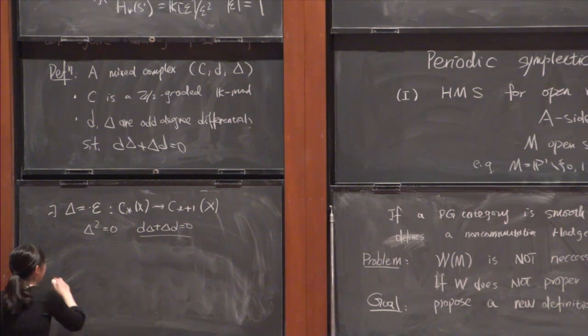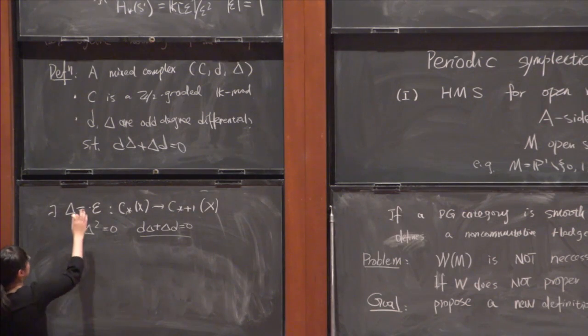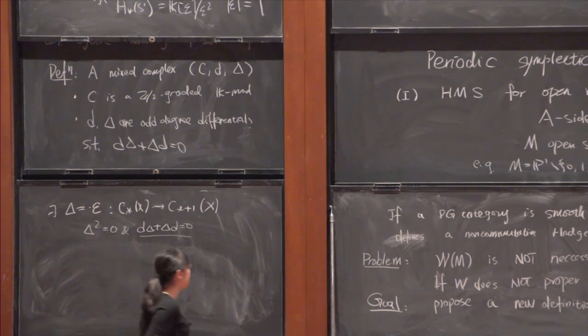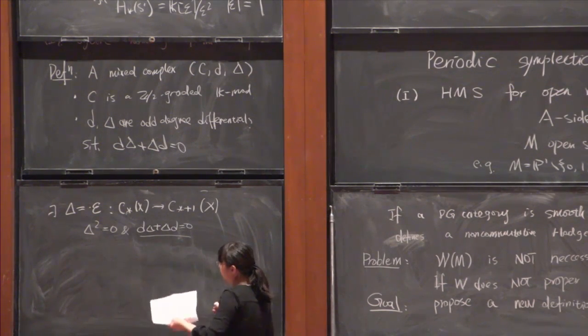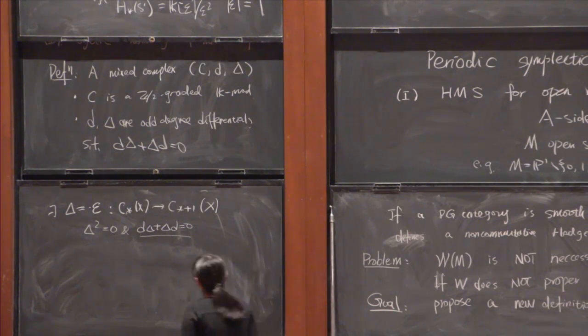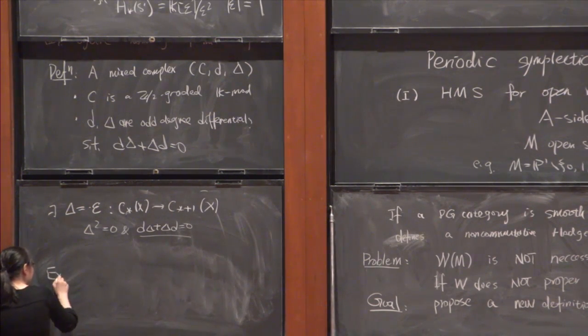That's just an aside. But in this situation, this is the condition we want. You really just get a mixed complex, where this is basically multiplication by the S1 action.